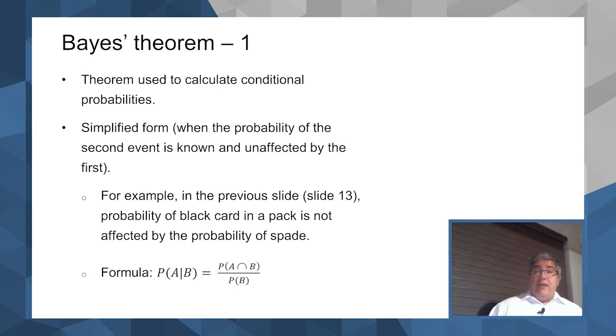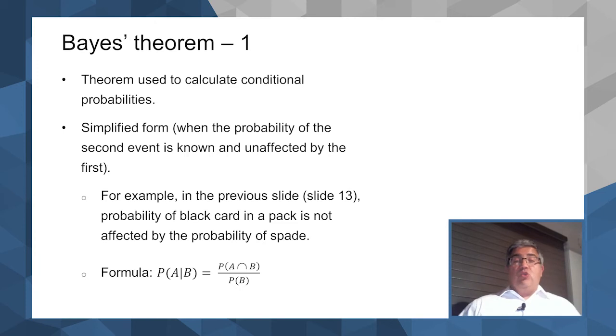Now, the ultimate formulation for conditional probability is called Bayes' theorem. And it was invented by a mathematician called Bayes, and it is used to calculate conditional probabilities.